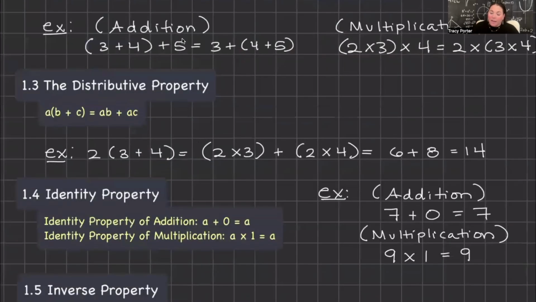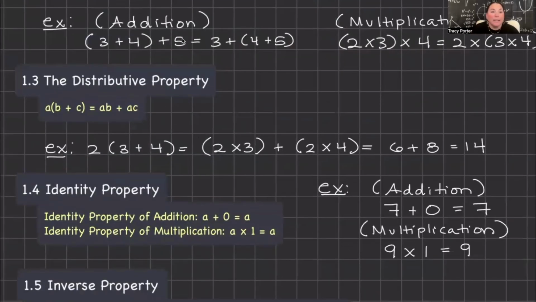The third one that we're going to look at is called the distributive property. Specifically, this one has a number multiplied times a sum of two numbers.